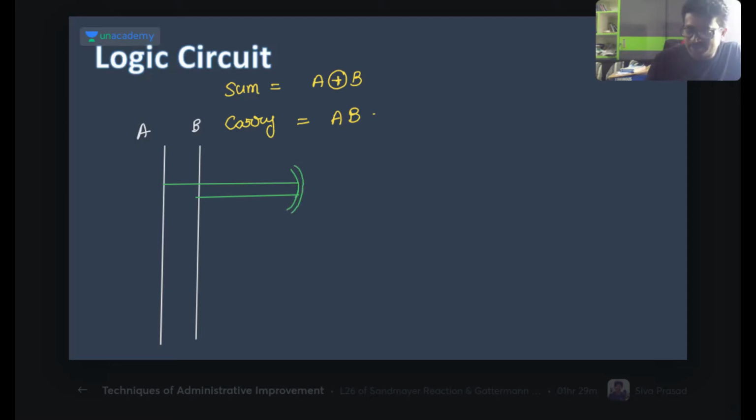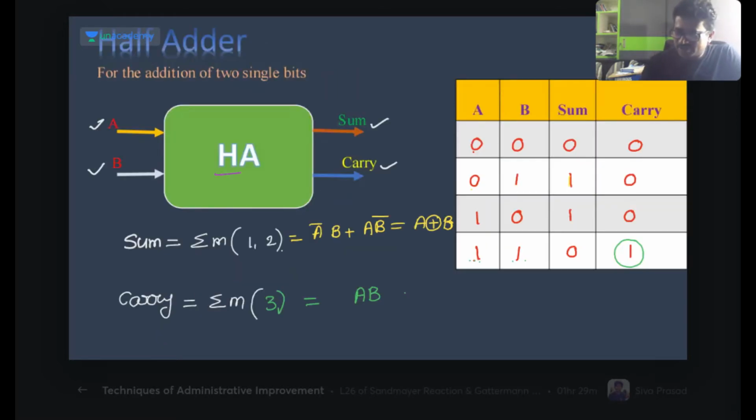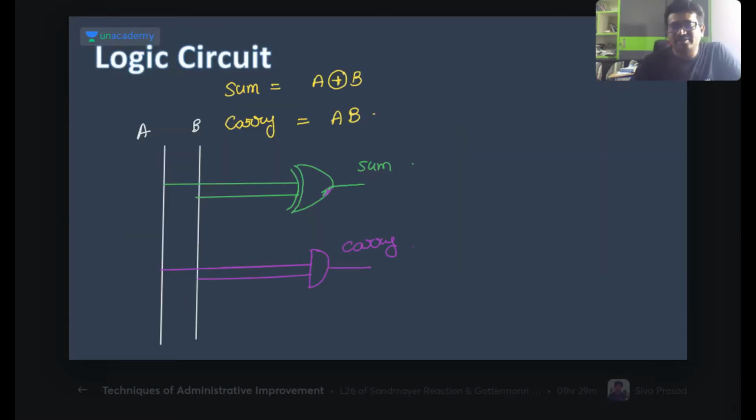I have taken one XOR gate, and here I will get the sum. And how will we get the carry? A into B. This is A and this is B, so A into B is the carry. Like this we can implement it. So inside this half adder box, this arrangement is there inside.